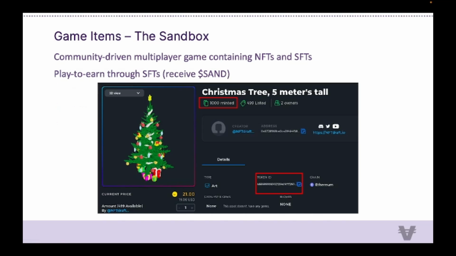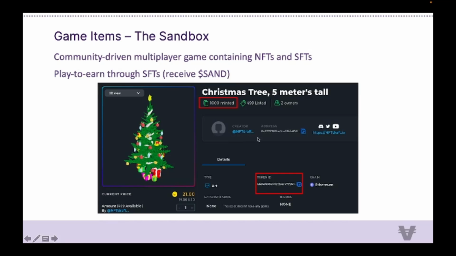So also, if we look at the Sandbox, this is a slightly different game. It's a community-driven multiplayer game containing NFTs and SFTs, and it's also play-to-earn through the SFTs, as you can create those SFTs and then receive Sand, the token of the Sandbox, in return. So, for example, someone made a Christmas tree.